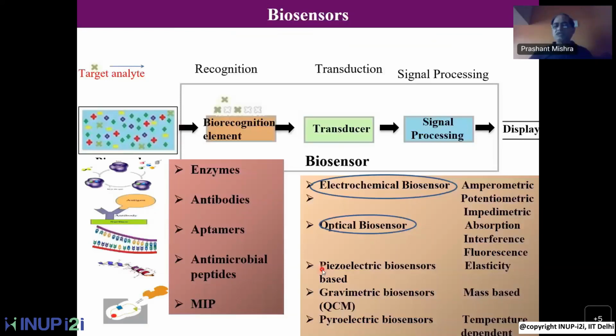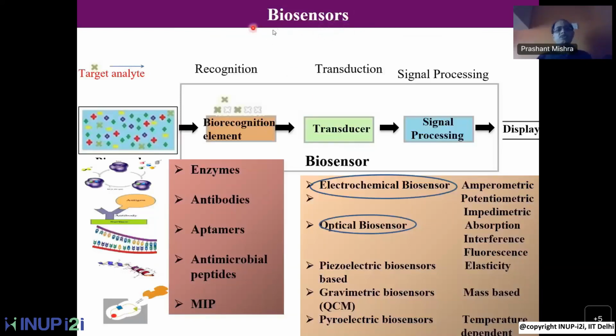If I have to detect, for example, a cancer biomarker, then I will go for a biosensor. So biosensors can be applied for detecting any biomolecule where we can have a specific signal which is a kind of marker for a particular disease or disorder. It can also be used for different health conditions. So biosensors are typically used for various applications.